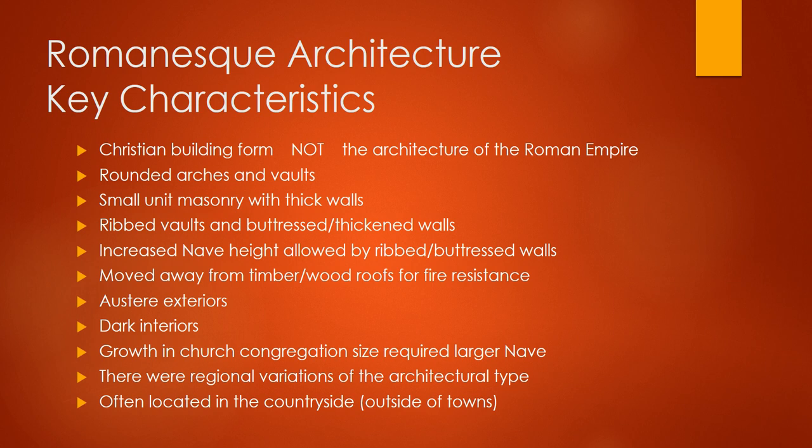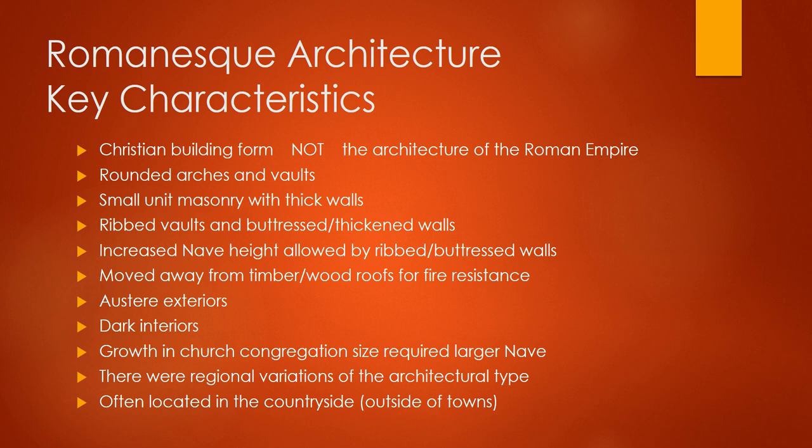The idea of ribbed vaults. So remember, a vault is essentially an arch that's been stretched out. Okay, a barrel vault. But the idea of a rib vault, which has ribs that essentially strengthen the vault, is another one of the things that you'll see repeatedly visible in this type of architecture, along with this idea of a buttress thickened wall.